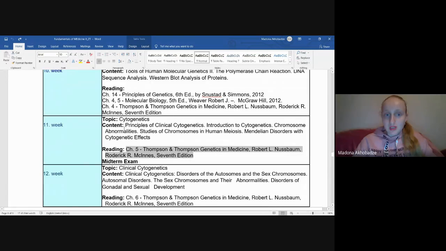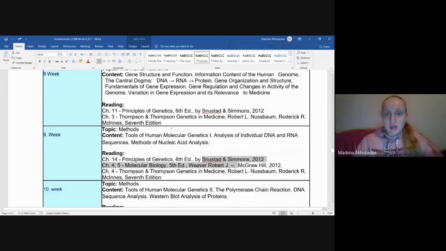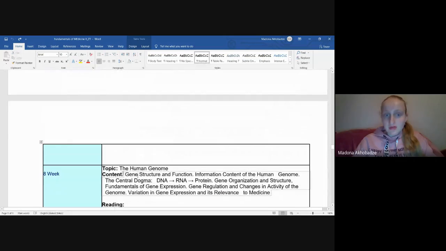So cytogenetics comes from the Thompson and Thompson, so you definitely have to use this book as well. So these two books, especially for today's chapter, we're gonna go with Thompson and Thompson, but for the methods you use the Principles of Genetics of Snustad and Simmons, and for the central dogma as well.